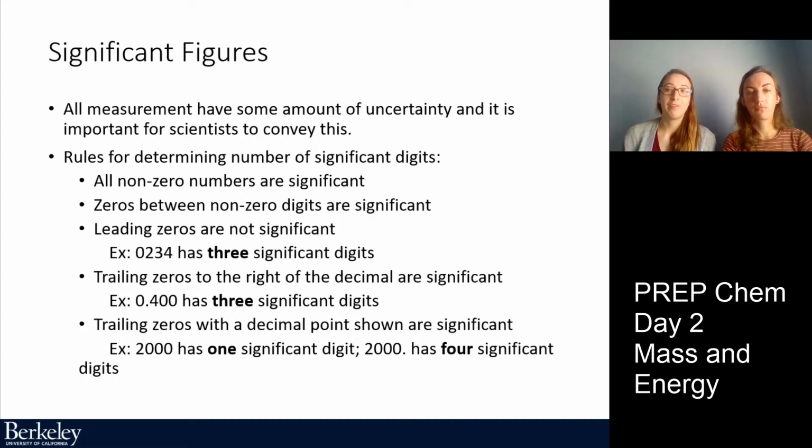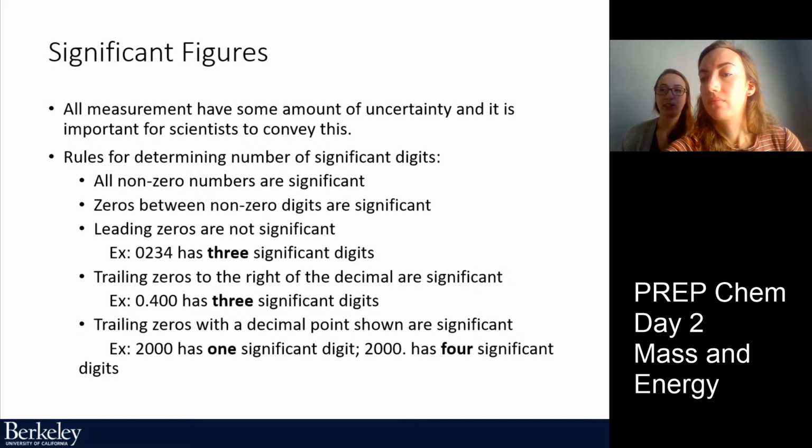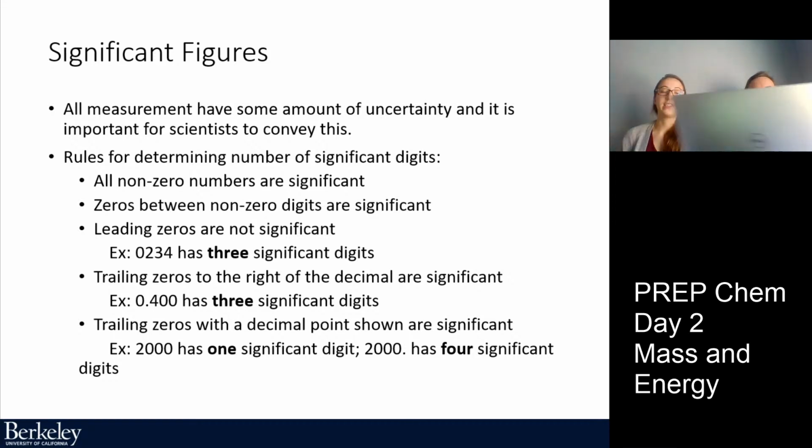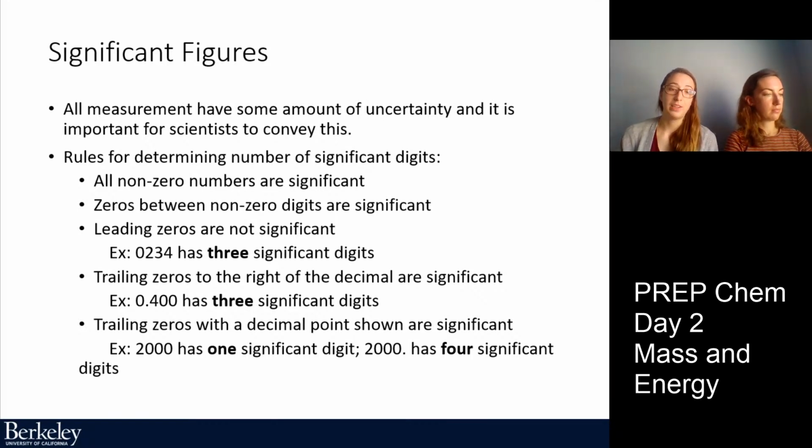For example, the number 2000 only has 1 significant digit. But as soon as you add a decimal point to the end of the 2000, now it has 4 significant digits. What that does is denote that all of those zeros are significant. These are some rules that unfortunately you're just going to have to memorize. Hopefully they're somewhat intuitive, but you may just have to memorize them.